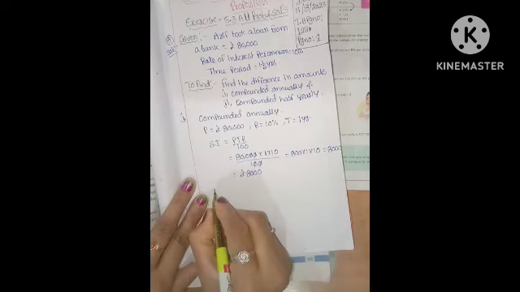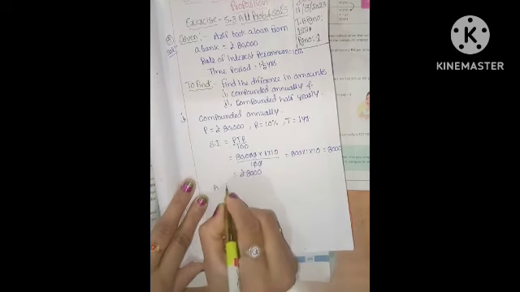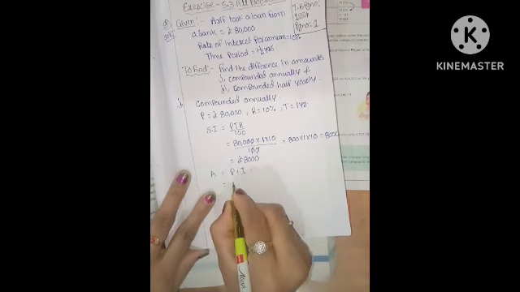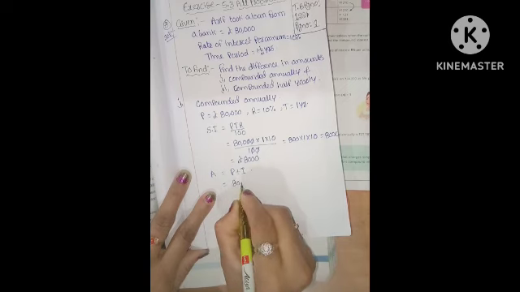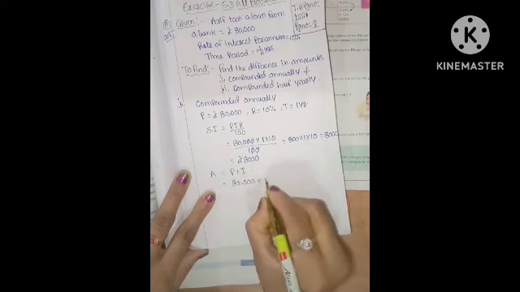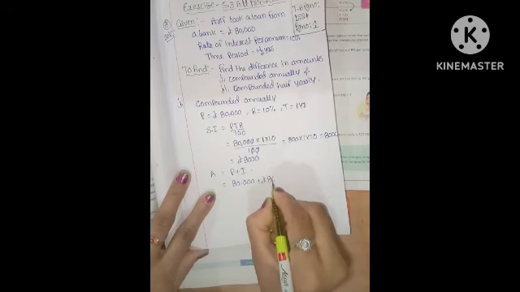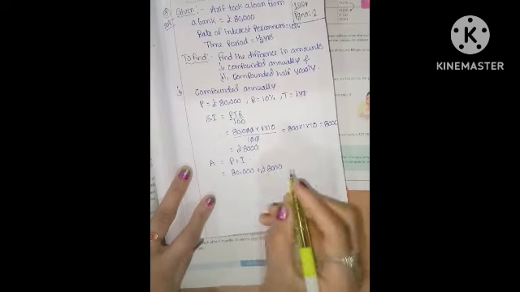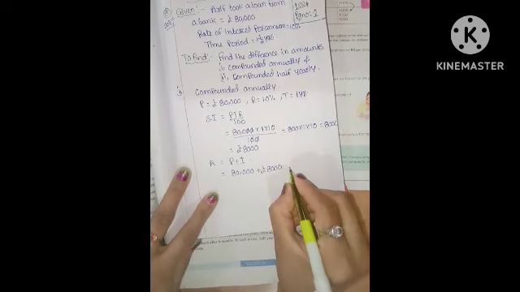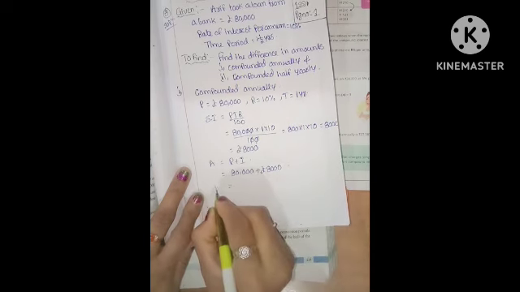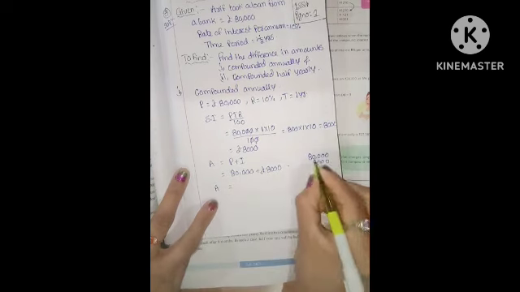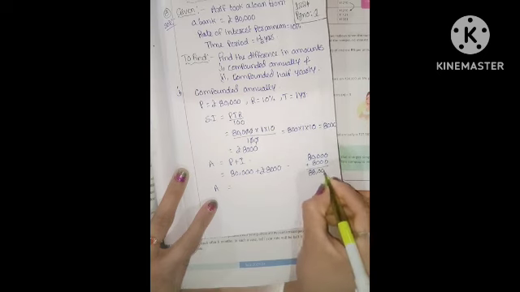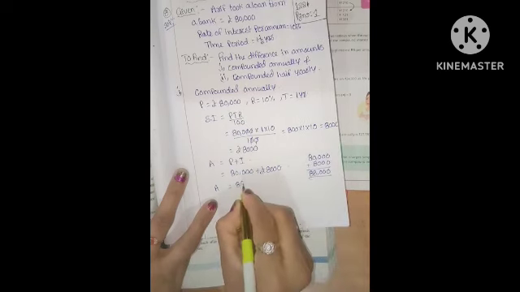Now I want the amount, so A equals P plus I. P is 80,000 plus interest 8,000. The sum of these two terms gives the amount. A equals 80,000 plus 8,000, so we get 88,000. This is the amount.